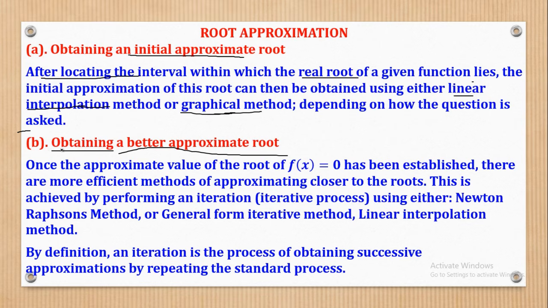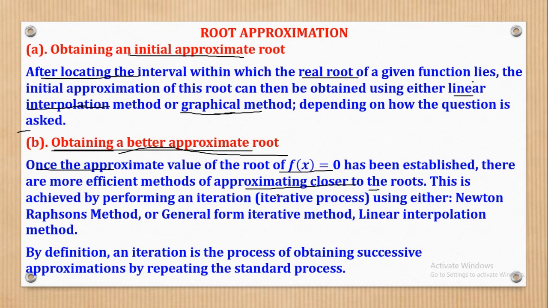Then another part of the approximate root is what we call a better approximation of the root. Once the approximate value of the root of the function or a given equation has been established, there are more efficient methods of approximating closer to the roots.